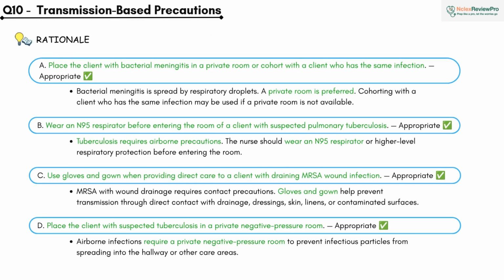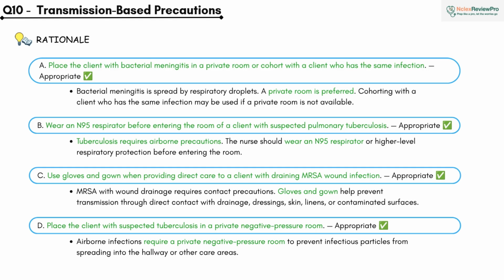Option A says, place the client with bacterial meningitis in a private room or cohort with a client who has the same infection. This is appropriate. Bacterial meningitis is spread by respiratory droplets. A private room is preferred. If a private room is not available, cohorting with another client who has the same infection may be used according to facility policy.